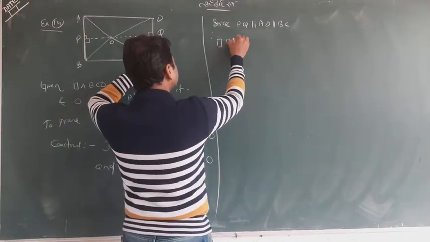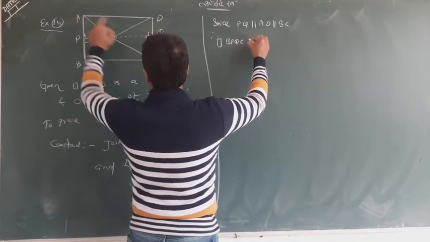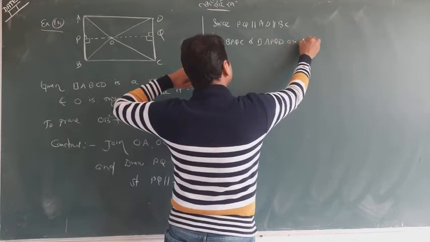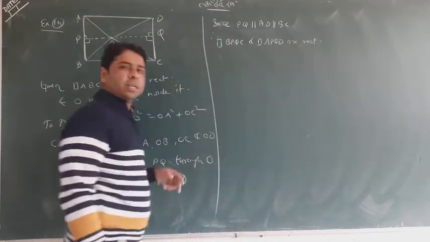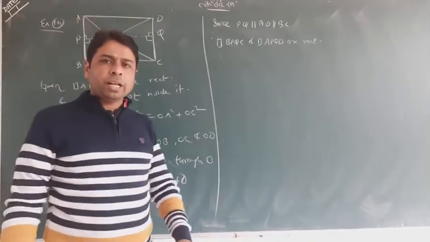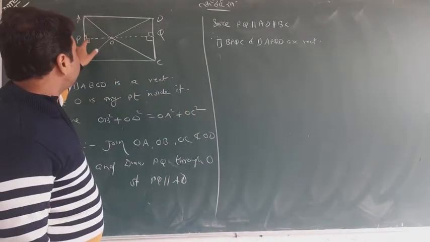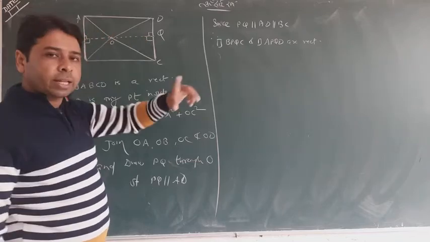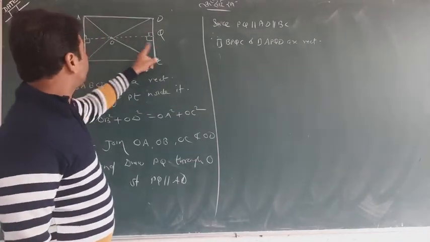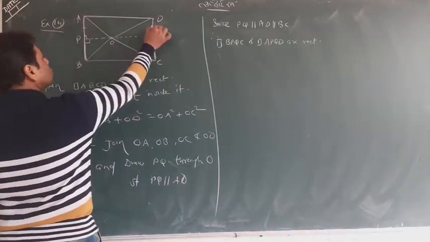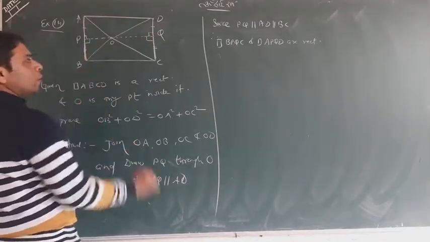I write BPQC and APQD are rectangles, and I'm focusing on the rectangle for two things. These should be 90 degrees because in a rectangle all angles are 90 degrees, and these two sides are equal. This is also very important. I just mentioned it. These two equal, these two equal, these two equal.